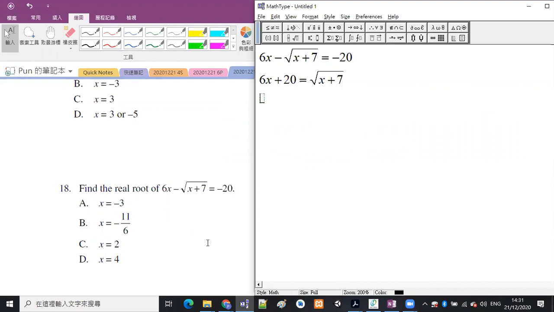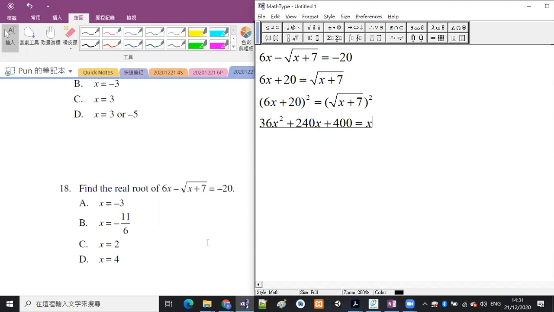Okay, and then now square root term is alone on one side, so we may take square on both sides. Like this. Left hand side is 36x squared plus 2ab, so that should be 240x plus b squared, that is 400. And right hand side, the square and the square root will be cancelled by each other.